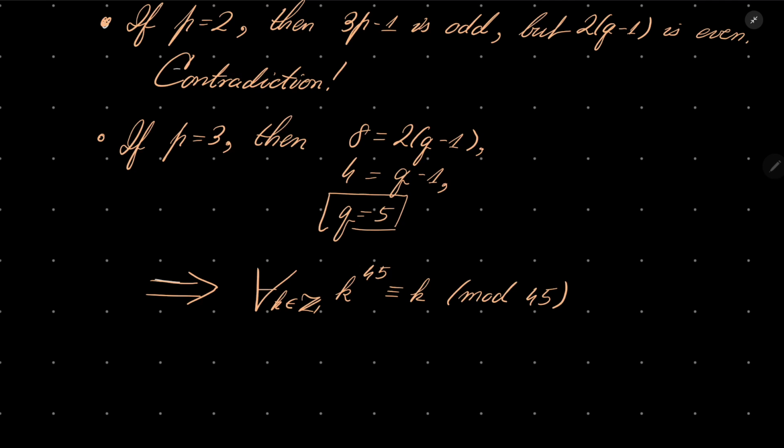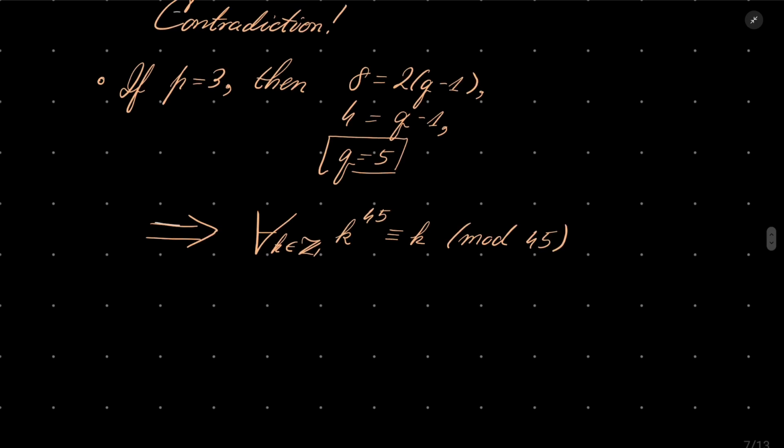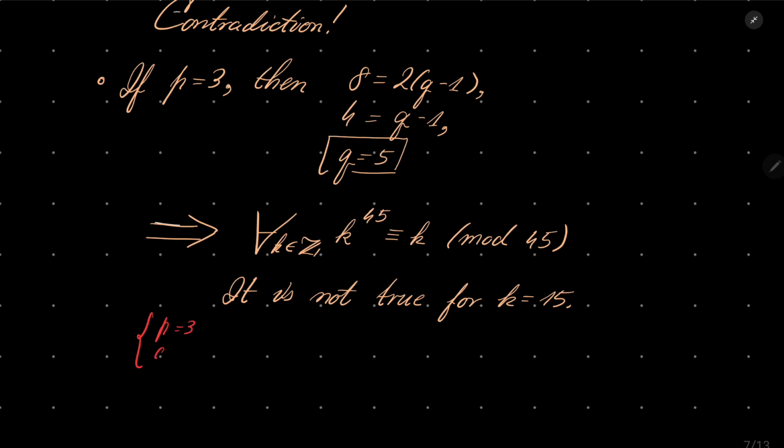But it fails, for example, for k equals 15. So it's a contradiction. So p equals 3, q equals 5 is not a pair of solutions.